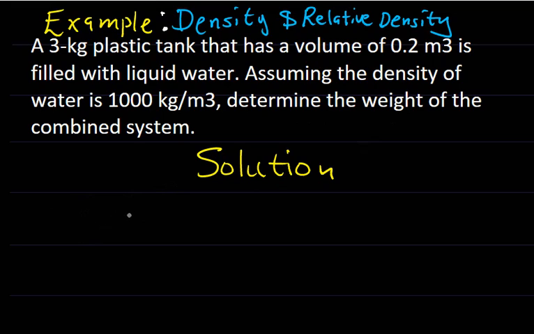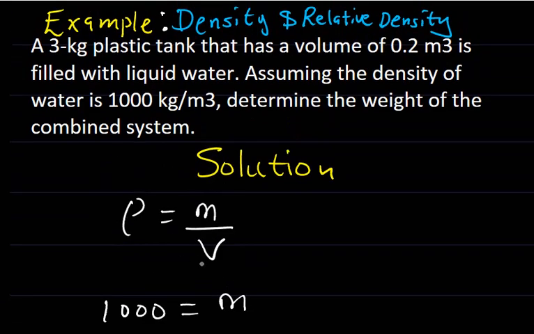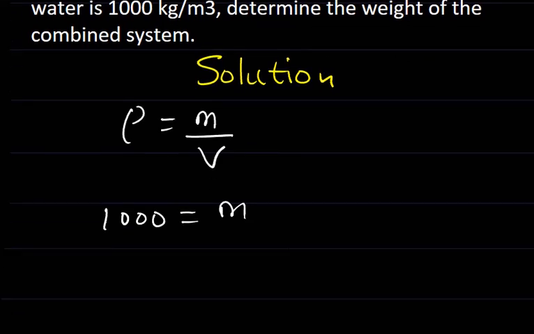Density, we know, is mass over volume. Now, the density of water is 1000.